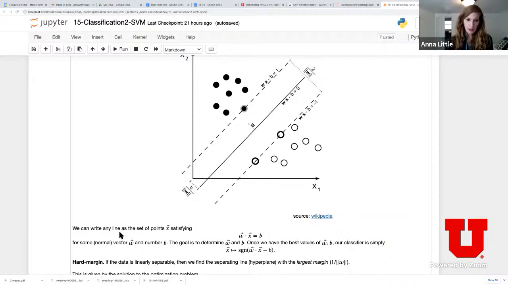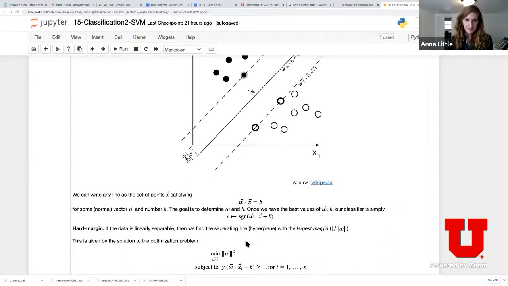Remember that you can write the equation of any line in this way. A lot of times we think about a line as y equals mx plus b, but this is an alternative formula that's a little bit easier once we start to get into higher dimensions.